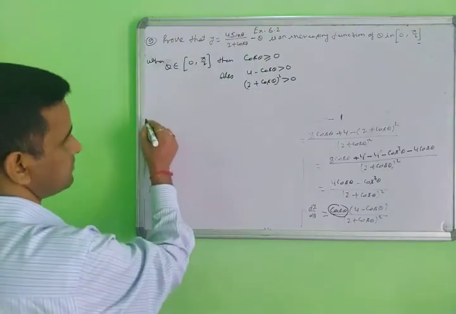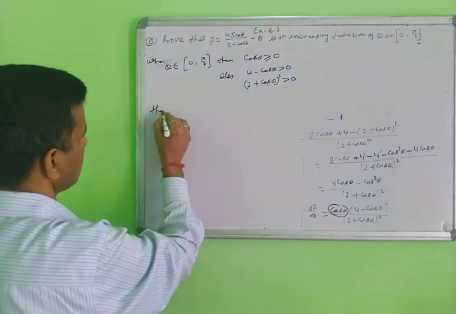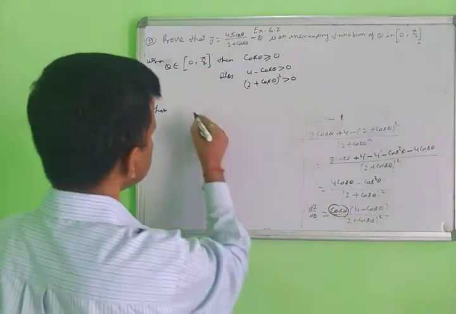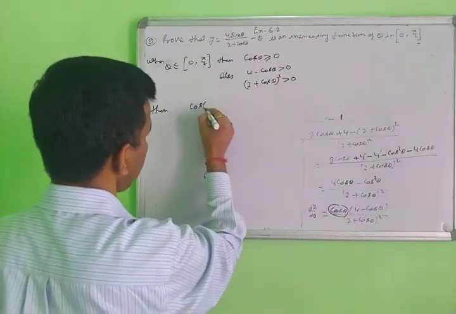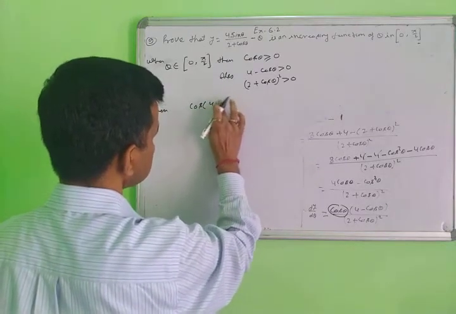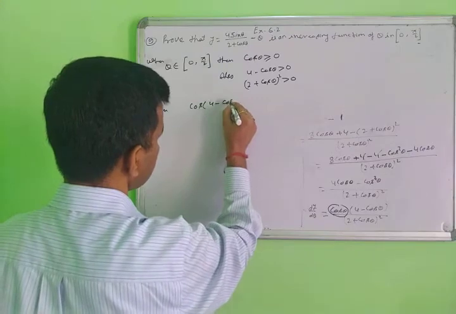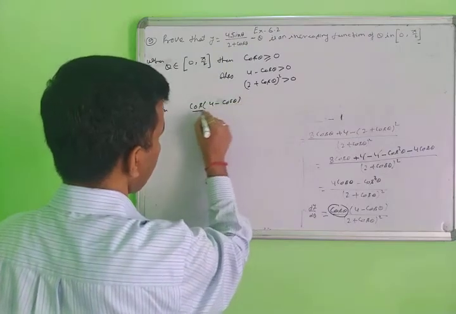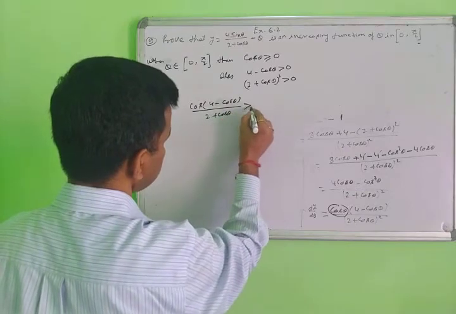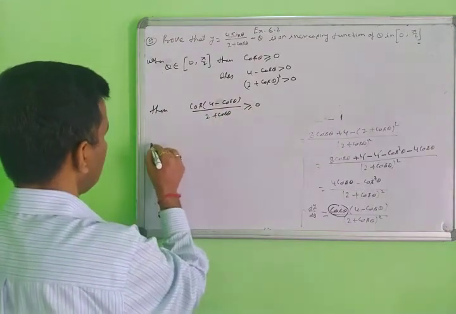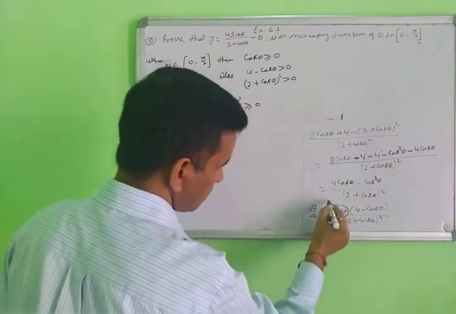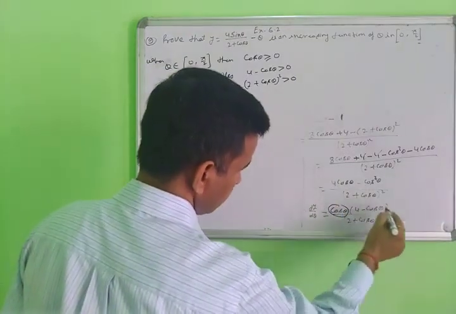So if the whole condition, cos theta times 4 minus cos theta upon 2 plus cos theta whole square, is greater than or equal to 0, then this is the total value greater than or equal to 0.